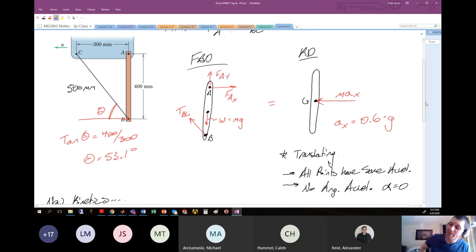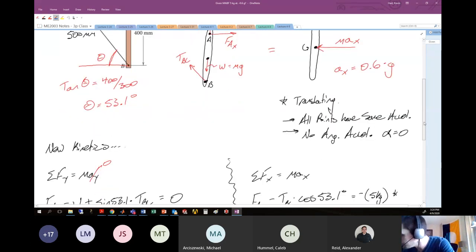So thinking about the moment that the force at A will impart about point G, we kind of have to use our shortcuts from statics, our right hand rule. All right, if we're standing at point G, stick our arm in the direction of that force, curl my fingers in the direction of that force, my thumb's going to be pointing into the page. So after looking at the contribution of that force to the moment, we'll have a negative contribution to the moment.